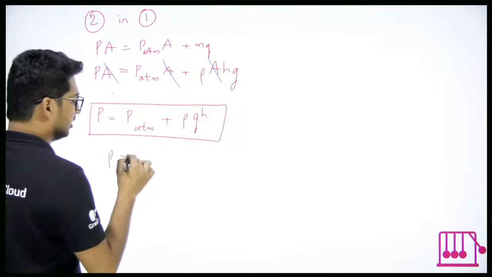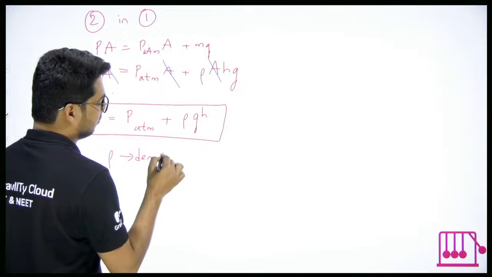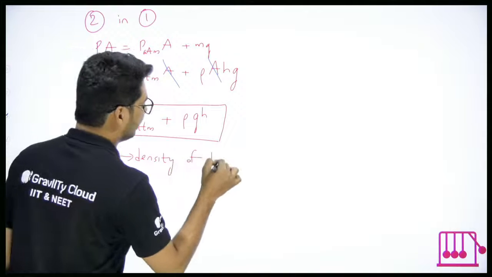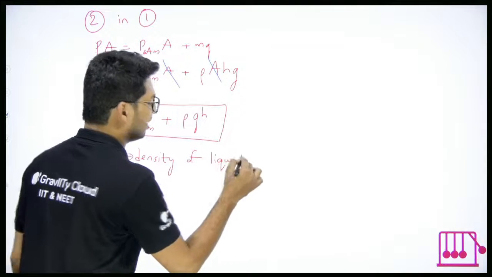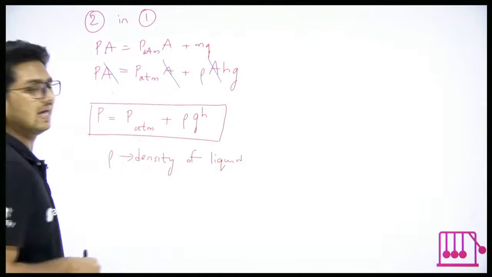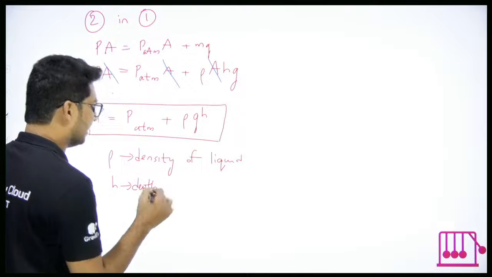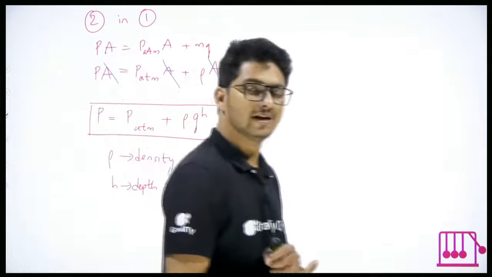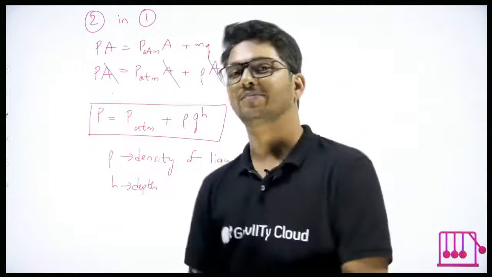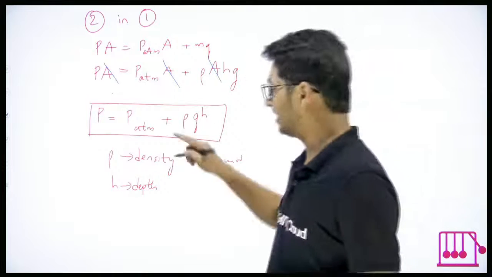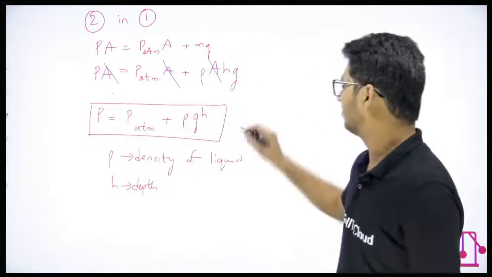So here rho is density, but density of whom? Density of the liquid itself. You have to be very careful. G, as we know, is acceleration due to gravity. H is the depth. P ATM is the atmospheric pressure. And P is the pressure at that particular depth H. This is the formula.